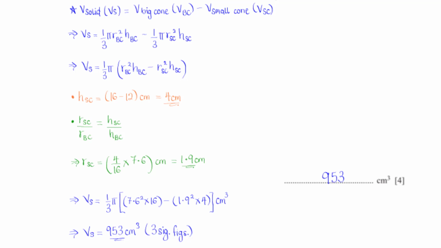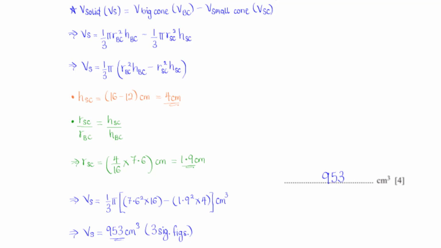So we already know the radius of the big cone, which is 7.6 centimeters, and we also know the height of the big cone, which is 16 centimeters. We've not been given the height of the small cone, but we can find it by subtracting 12 from 16 centimeters, and that gives us 4 centimeters. We can apply the similar shapes method to find the radius of the small cone.